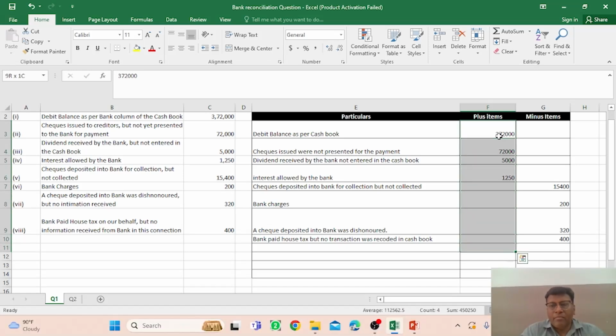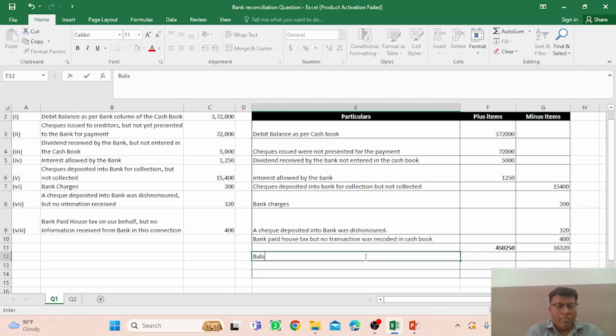The plus items, you find this is the total, and the minus items total is this one, and the balance of the opposite book, that is the passbook, you have to find what that is.